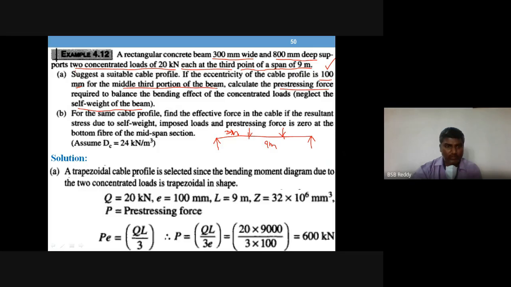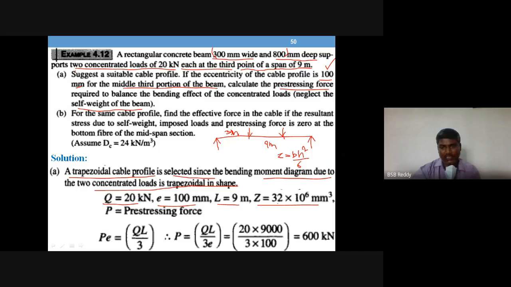The answer for that is: trapezoidal cable profile is selected because the bending moment diagram due to concentrated load is trapezoidal in shape. The loads given are 20 kilonewton each, the eccentricity is given, the span is 9 meters, and for the given cross section you have to work out the Z value, that is bh square by 6, where b is 300 and h is 800.